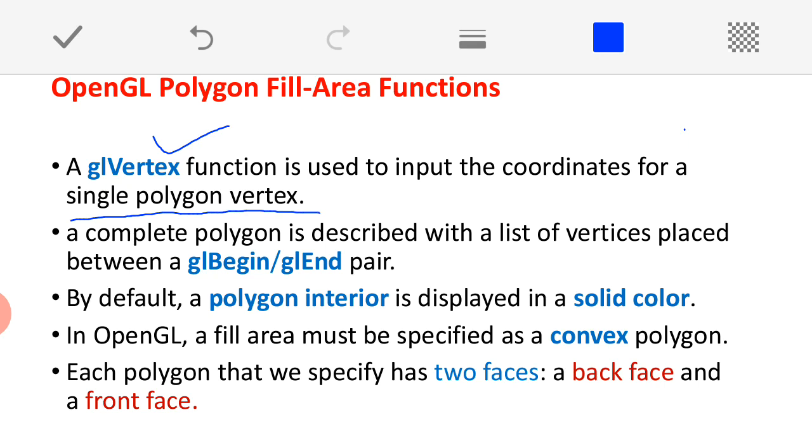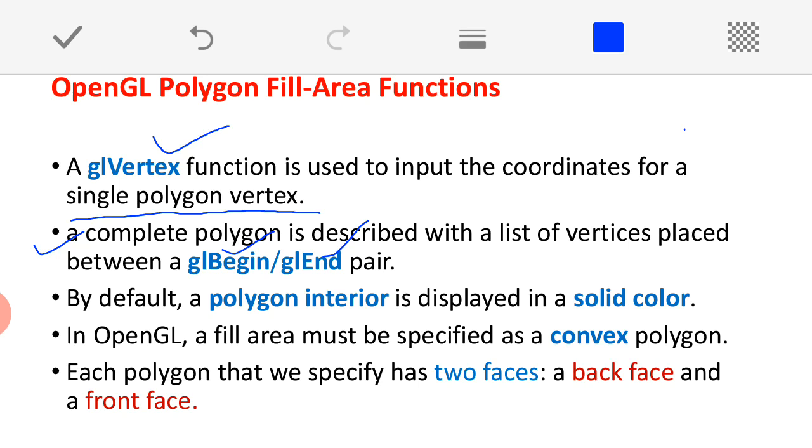And glVertex comes with coordinate values x comma y, that is the first point. The second point is, a complete polygon is always described with a list of vertices placed between two important functions, that is glBegin and glEnd.